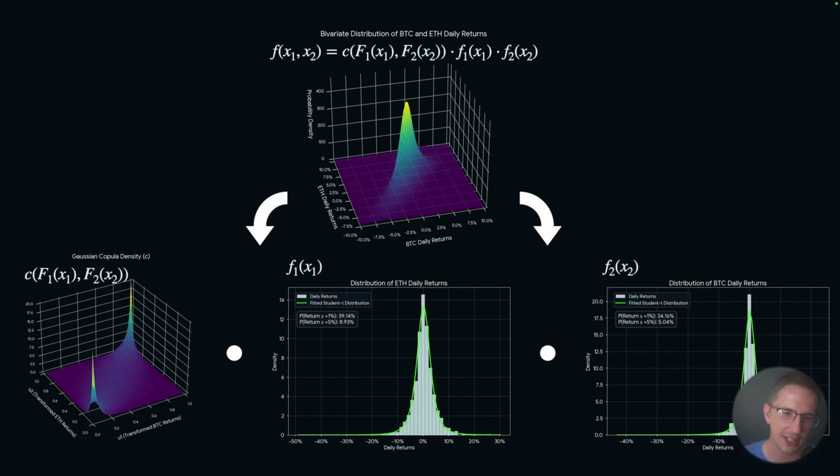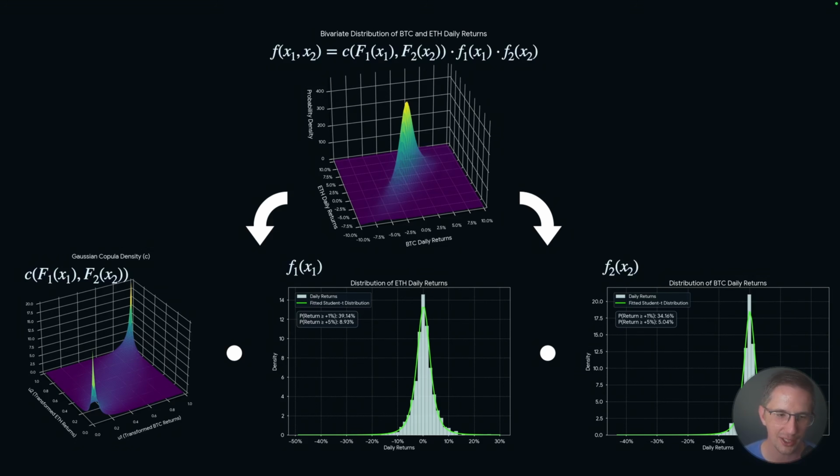But what this math function here is saying is, hey, the function of x1 and x2, i.e. Bitcoin and Ethereum in our case, can be made up of this copula, which is essentially the relationship here between these two assets, their dependency, multiplied by their individual 2D distributions that we looked at earlier, whether you're using a student t or elliptical or Gaussian, normal, whatever it is you're using.